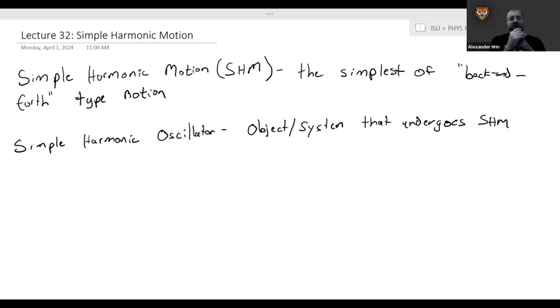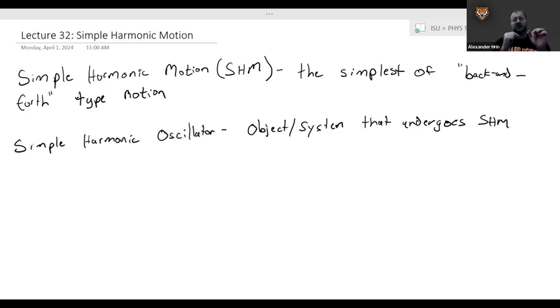An example of this: it turns out that the strength of the chemical bonds between atoms in molecules approximates a spring force pretty well. And a spring force is one of the things that generates simple harmonic motion. So if there are just two atoms, like in an oxygen molecule, we treat them as if they're a simple harmonic oscillator.